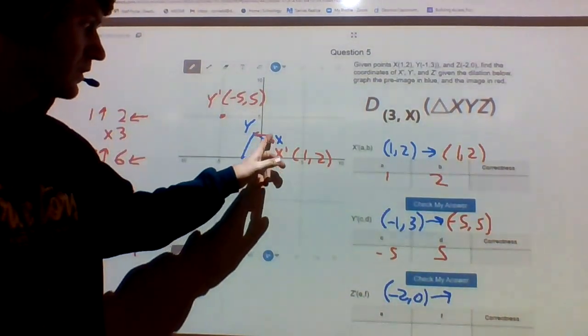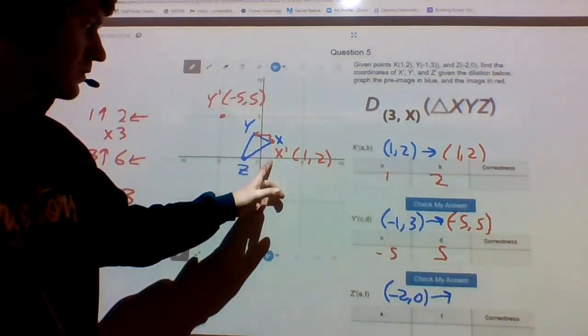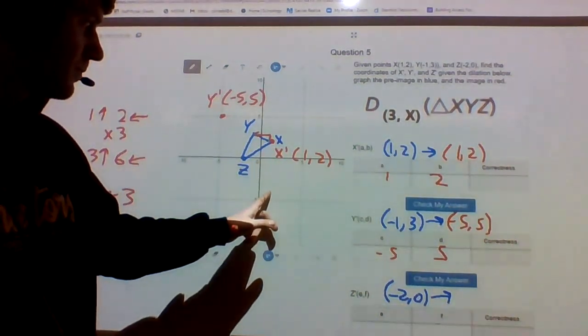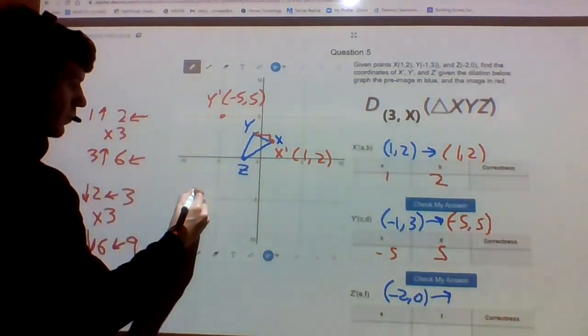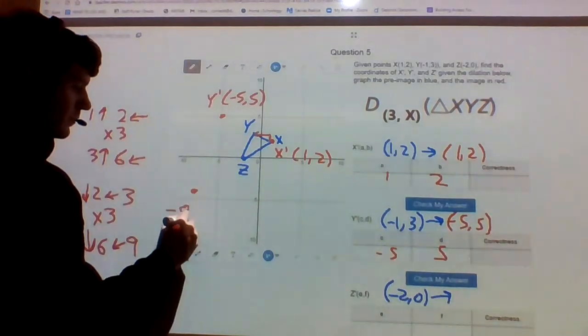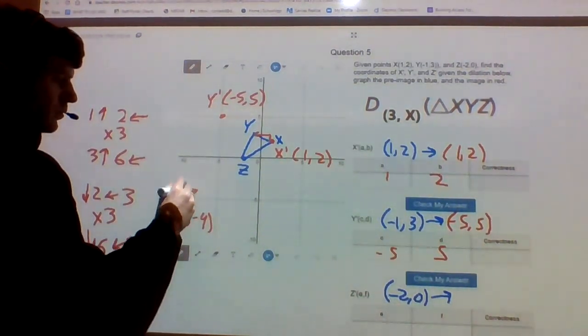So to get from x to z, we go down 2, left 3. So now we need to go down 6 and then left 9. And that's going to put us here at negative 8, negative 4. Okay, and that's going to be z prime.